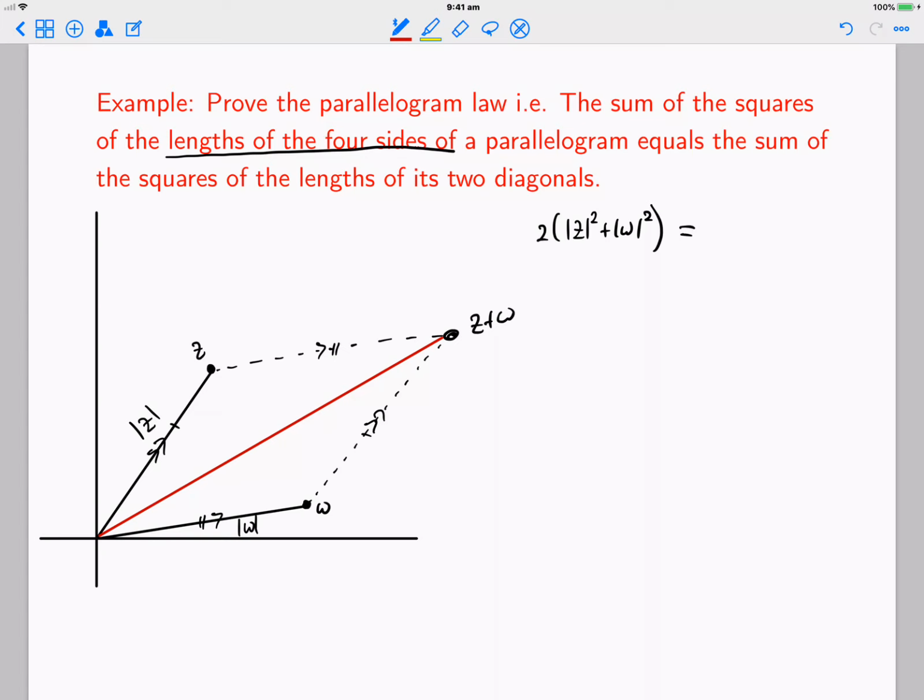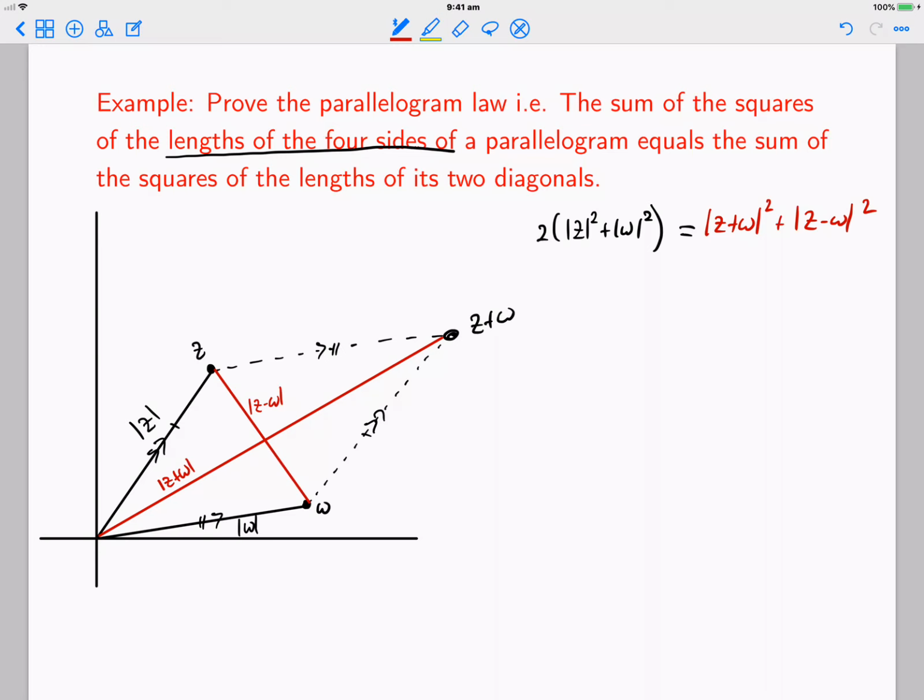Its length, because it's the distance from the origin to Z plus W, is just the modulus of Z plus W. The other diagonal goes from here to here, and based on what we said in the previous example, its length is the modulus of Z minus W, because that diagonal is basically the distance from Z to W. So what I want to show is that this equals the modulus of Z plus W squared plus the modulus of Z minus W squared.